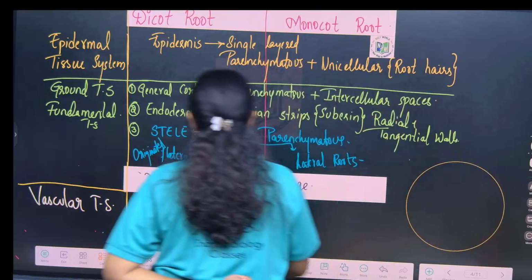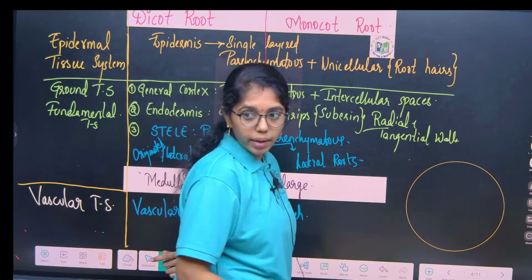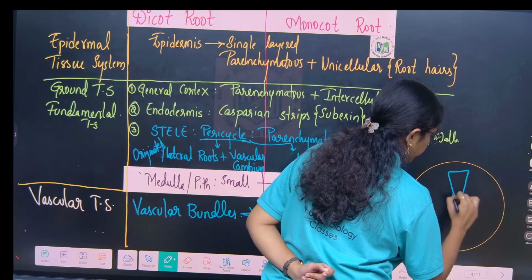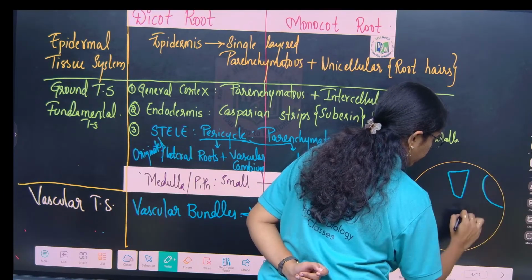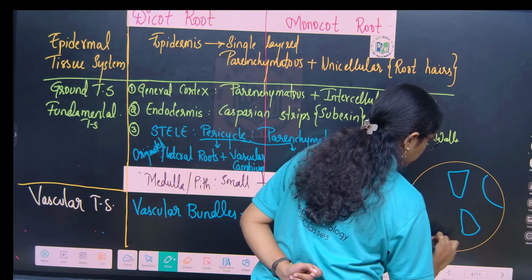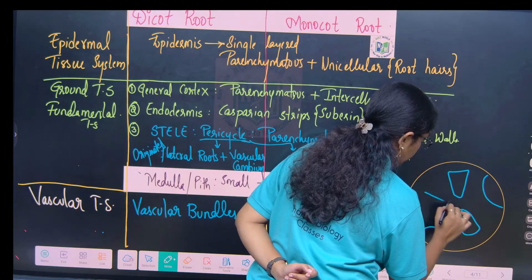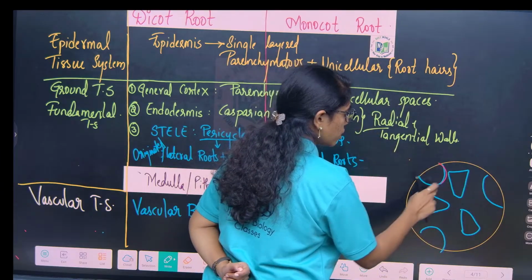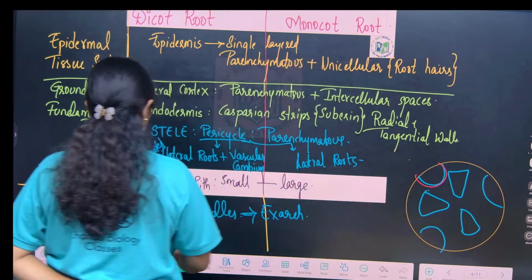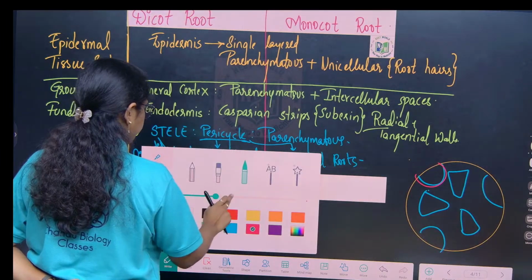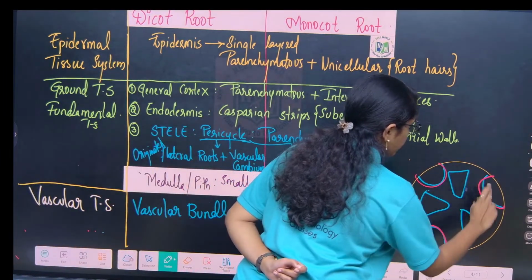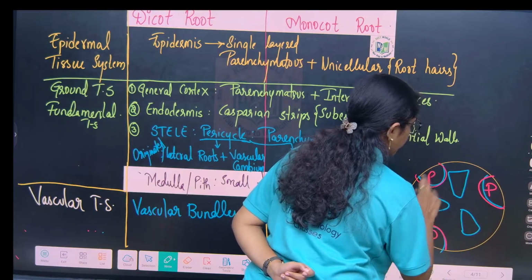If you assume this as steel, xylem is followed by phloem. Again xylem followed by phloem. So here this is phloem, and xylem.